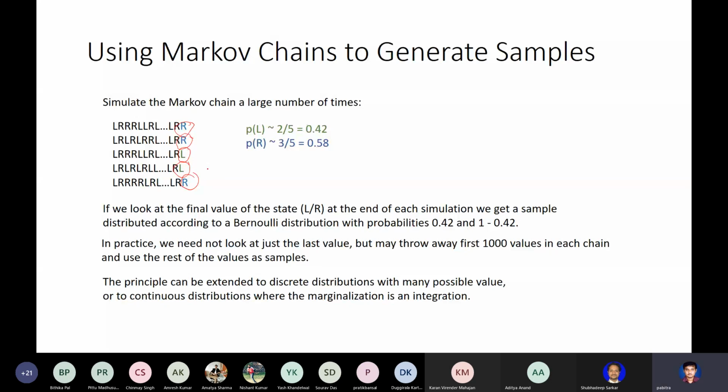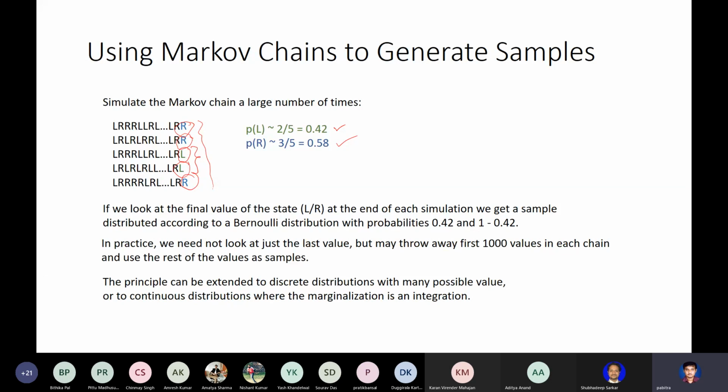If we do this a large number of times and see what fraction are L and what fraction are R, these values would give us, after time infinity, the probability the person is in the L room, and the probability the person is in the R room. This fraction would denote that probability.